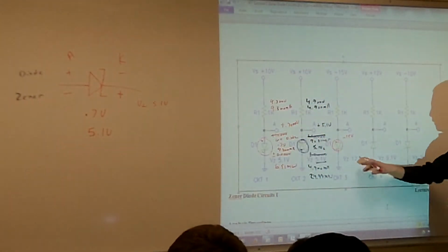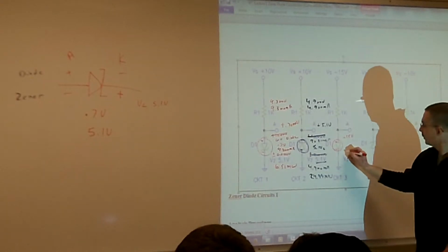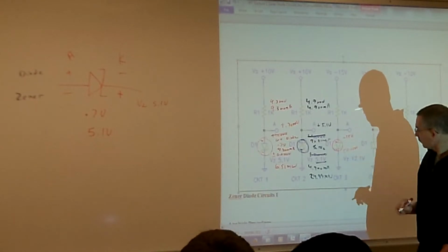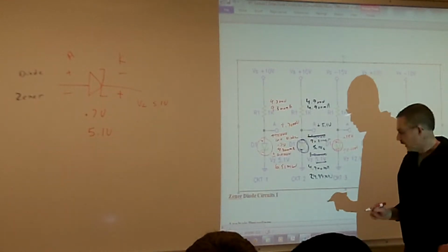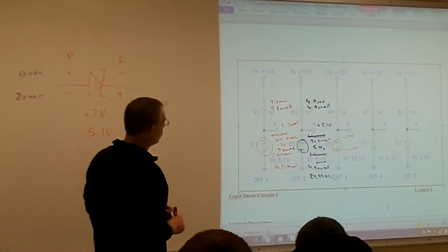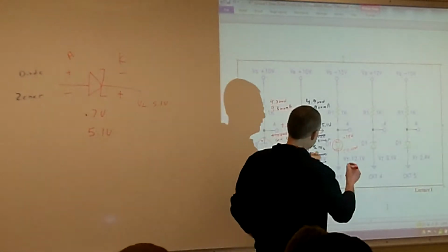And then on my cathode side, I'm going to have what for voltage? Plus or minus 0. Then determine whether it's go diode, go Zener, or no go. Go Zener.